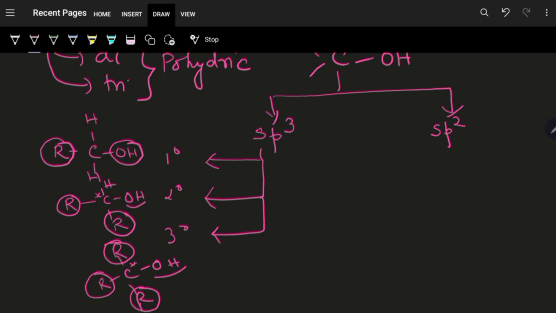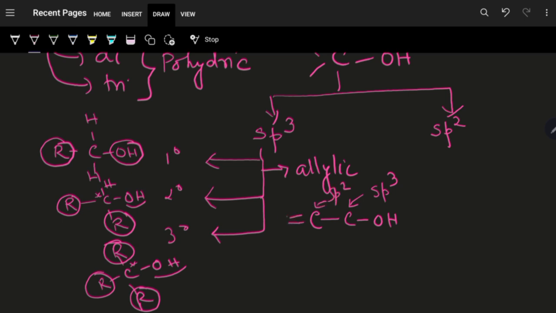Other than this, we have certain positions where if the OH group is attached, then it becomes allylic alcohol. That means in the allylic position, there is OH group attached. So this is the allylic position. If I say, then this is of course sp3, and it is attached to carbon which is sp2.